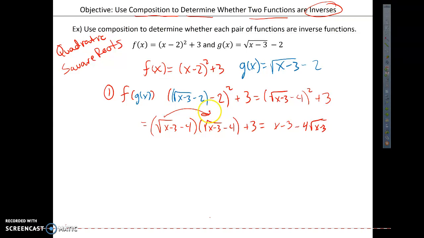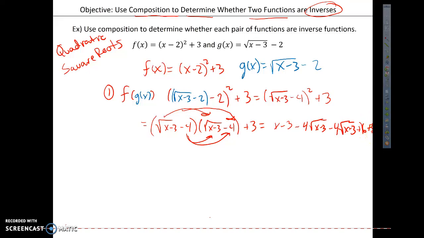Okay, that's from here and here. Then we're going to get another minus 4 root x minus 3. And negative 4 times negative 4 is a positive 16. Okay, and we have our plus 3 tacked on.